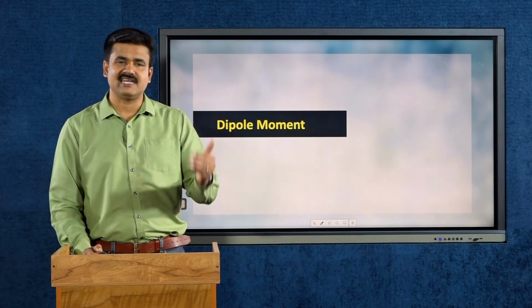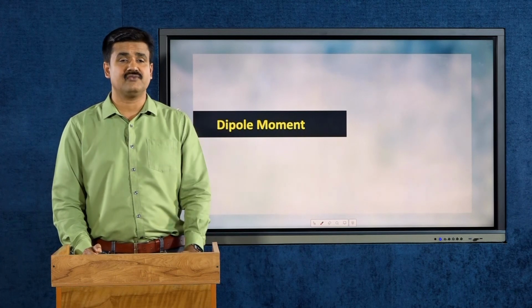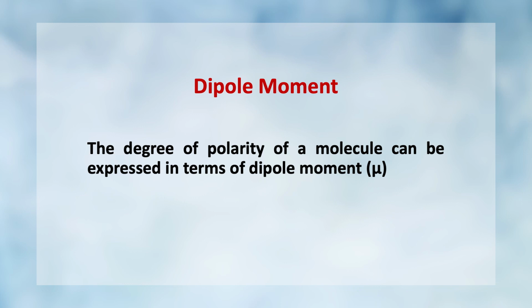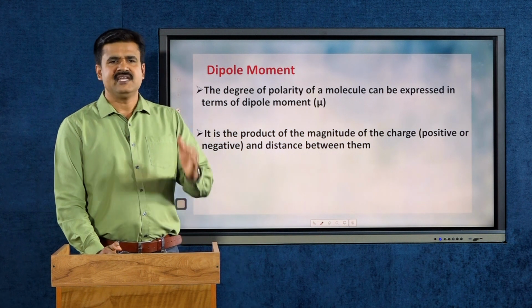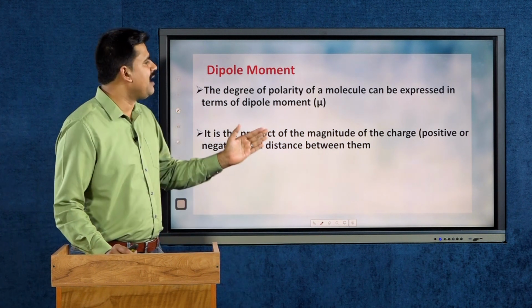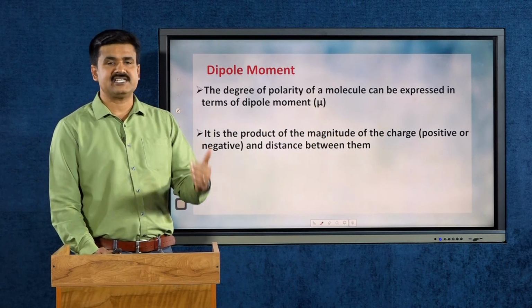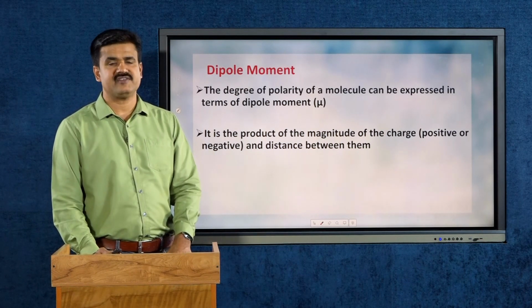Now let us enter into more details of the concept of dipole moment. The degree of polarity of a molecule can be expressed in terms of dipole moment. The abbreviation of dipole moment is mu. It is the product of the magnitude of any one of the charge, that is either positive or negative charge, and the distance between them.